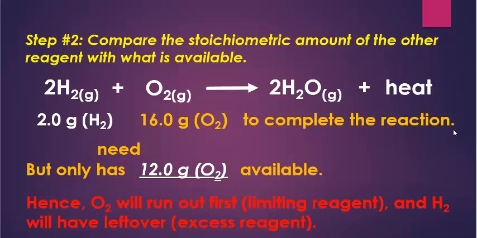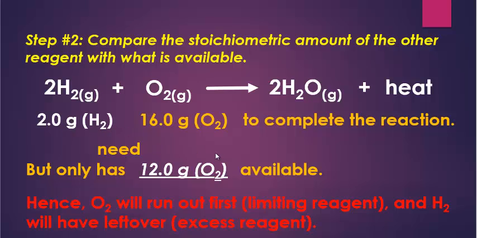So logically, the oxygen, O2, will run out first, and it's the limiting reagent. And H2 will have leftover. That will be the excess reagent. It's kind of counterintuitive because initially you have 12.0 grams of oxygen gas to start with, and only 2.0 grams of hydrogen. Don't be fooled by that.